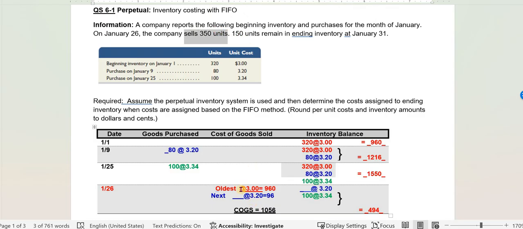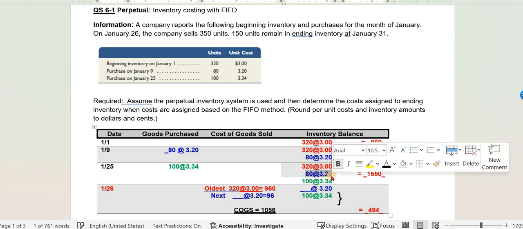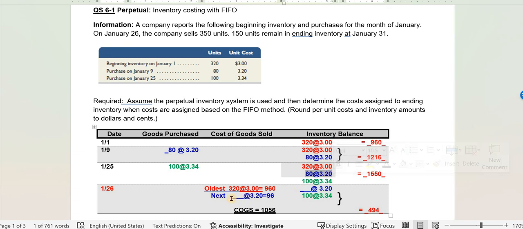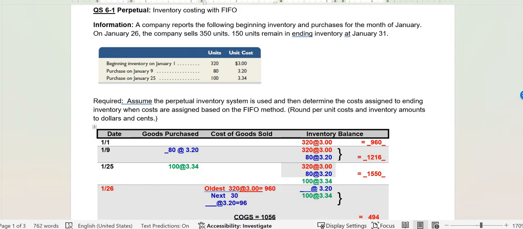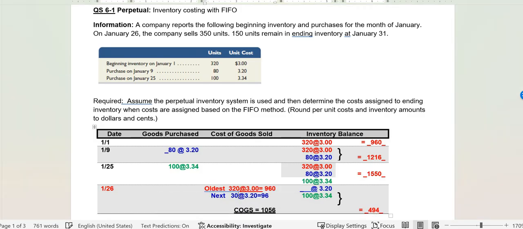So I'm going to use all of that 320 units in that layer. But I still have 30 units to go. Where are they going to come from? Well, they're going to come from my next oldest layer. Do I need all of them? No, I only need 30 of those units. Because now that adds up to 350 units I've sold.